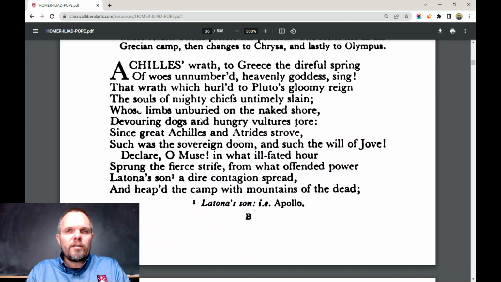These ancient writers were ahead of us in terms of understanding human nature. Homer clearly understands that men are composed of body and soul, and the wrath of Achilles cast their souls down to Pluto's gloomy reign. They believe in life after death. They believe that the soul continues to live after the body dies, that the soul is separated from the body and sent down to Pluto's gloomy reign.